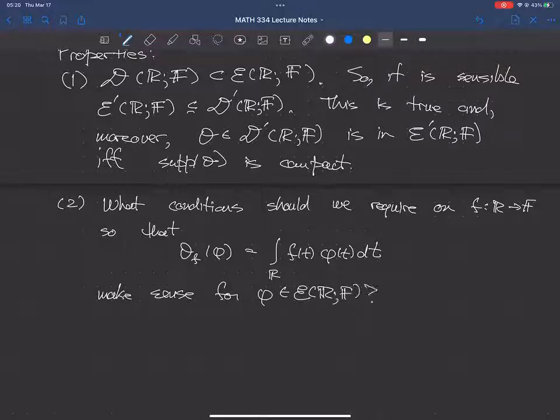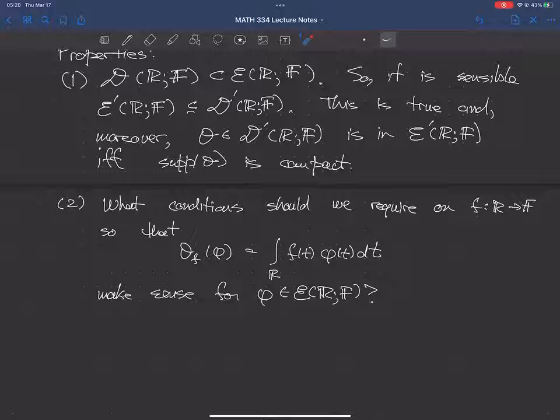This is how you determine, for a new class of test signals, which functions have the property that theta f is in the new space of distributions corresponding to the test signals. In this case, it's E and D prime. All I know about phi here is that it's infinitely differentiable.